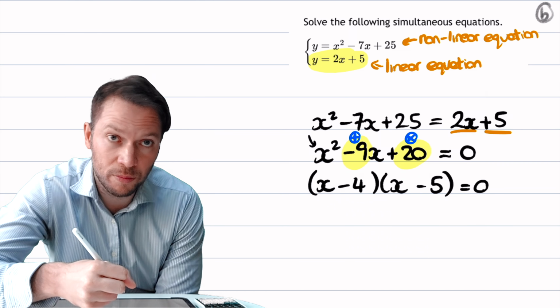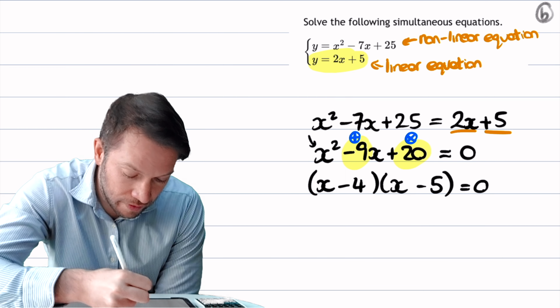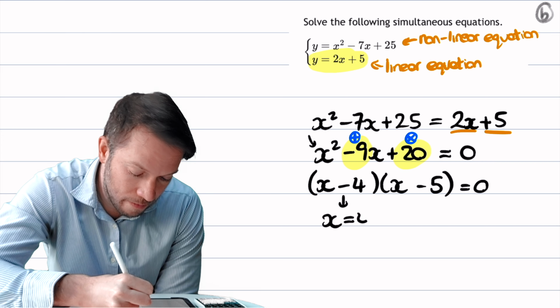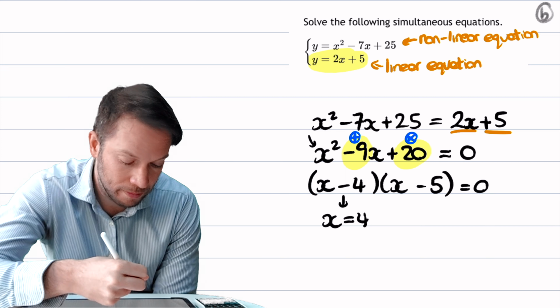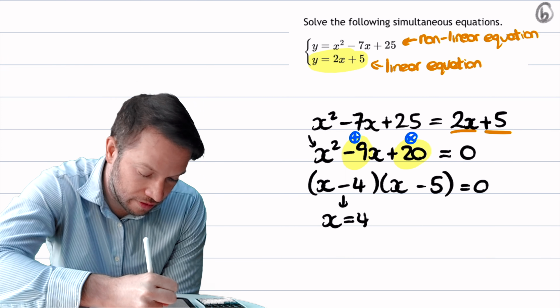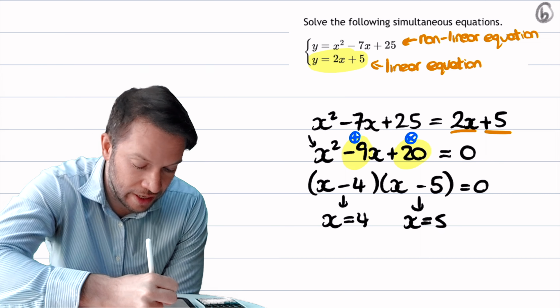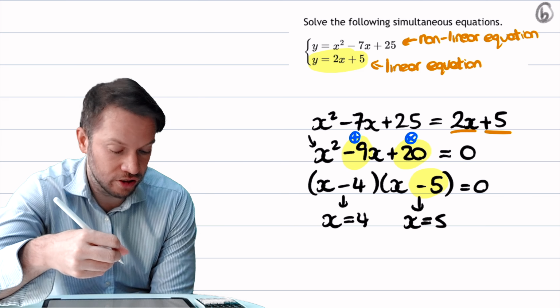If two numbers multiply to give 0, then at least one of them has to be 0. So if the x minus 4 was 0, then x would be equal to 4, because 4 minus 4 would be 0. Or if x minus 5 was 0, then x would be 5. Remember, the easy way is to just negate whatever number's here. So the minus 5 becomes plus 5, and that's the solution to your equation.